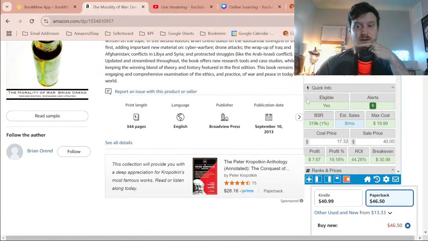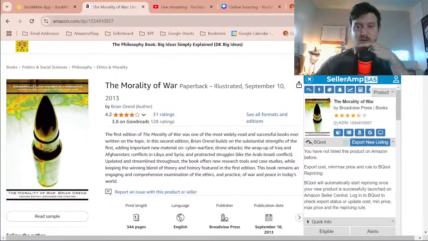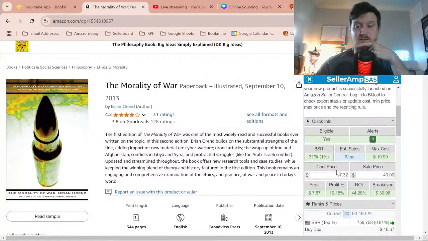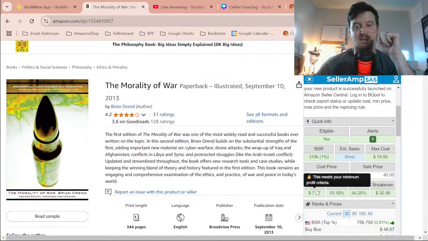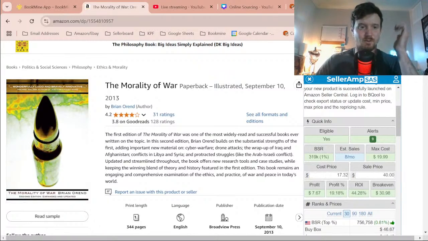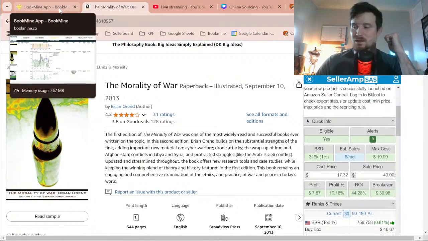And keep in mind, SellerAmp has my Prep Center baked into this, which was $2.25 taken off of this profit. And on top of that, I have a miscellaneous cost, which is $1 for whatever random things like paper or supplies you need in order to run a reselling business.